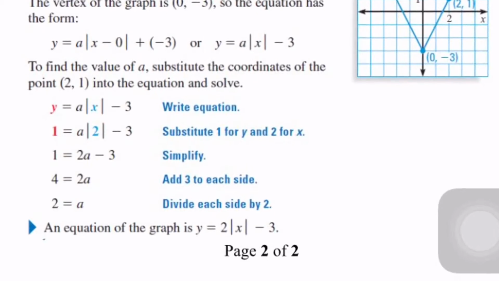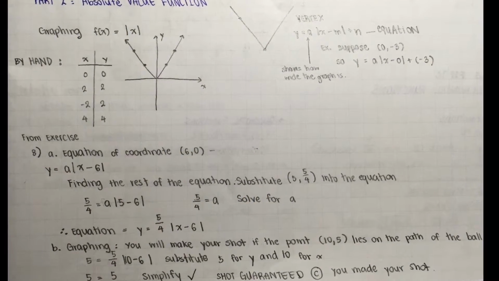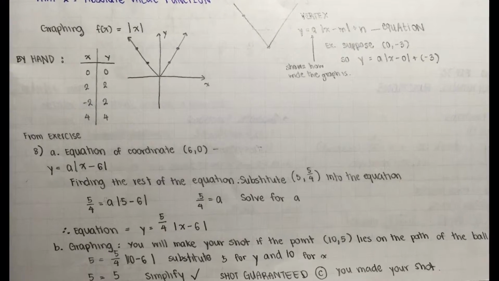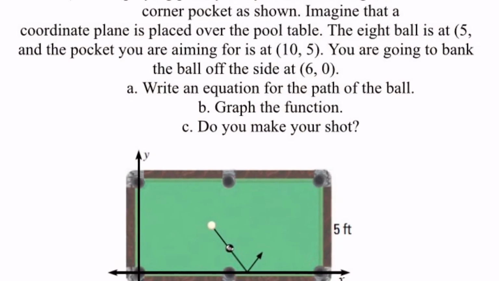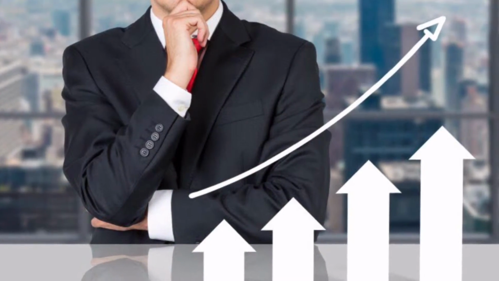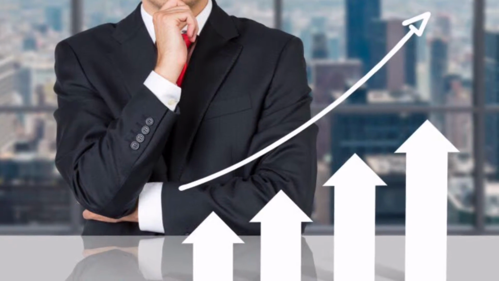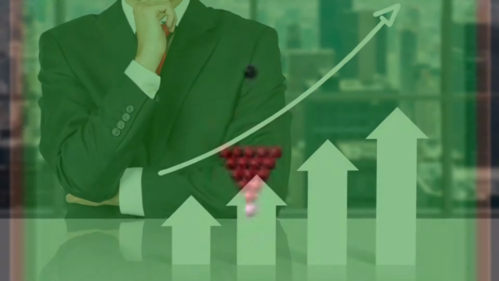Absolute value functions: we all know the graph is never negative, and the equation is y equals a times the absolute value of x minus m, plus n. Learning about radical and absolute value functions can allow you to predict the future, making measurements for a snooker table, and many architects can use it too.